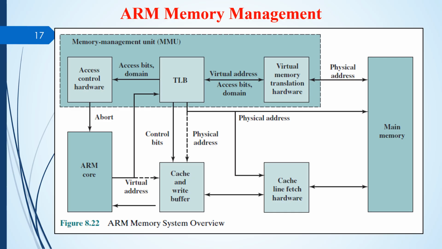First, it translates addresses, converting linear virtual addresses into physical addresses. Second, it provides memory protection so that programs can only access their own memory. If a program tries to access memory it shouldn't, the MMU triggers a fault. Third, it supports virtual memory, which allows the system to use more memory than physically available by swapping unused pages to disk.